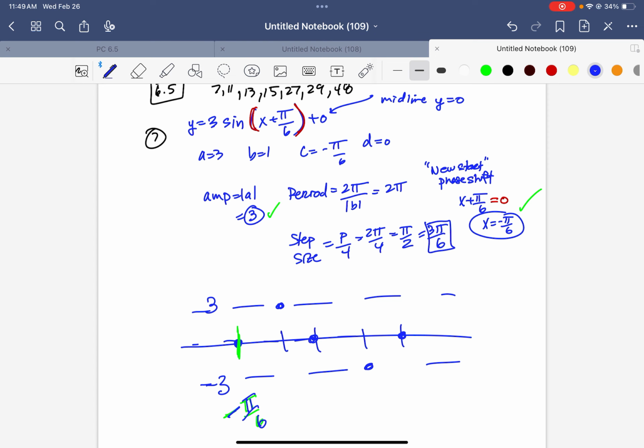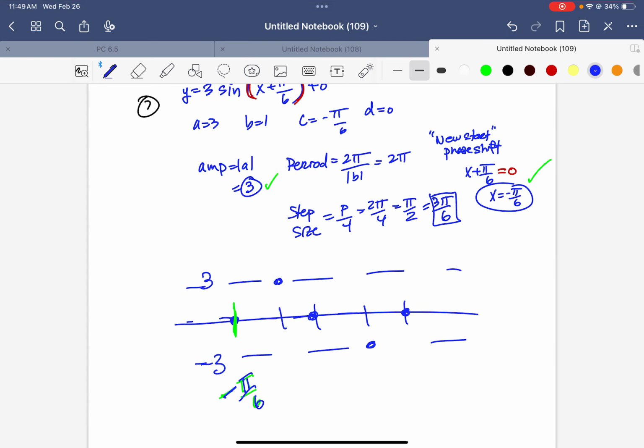And that's how big of a step size I have. So if I take one step, I'm going to add 3 pi over 6 and get to 2 pi over 6. If I add another 3 pi over 6, I'm going to get to 5 pi over 6. Take another step and get to 8 pi over 6. And then take another step, I'm going to get to 11 pi over 6.